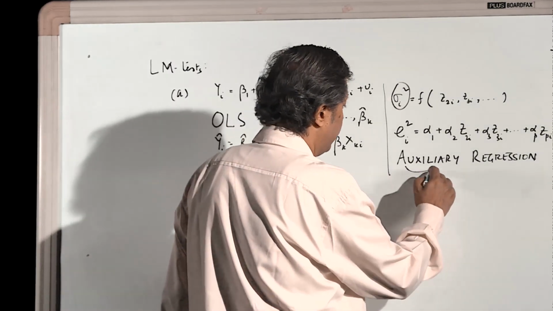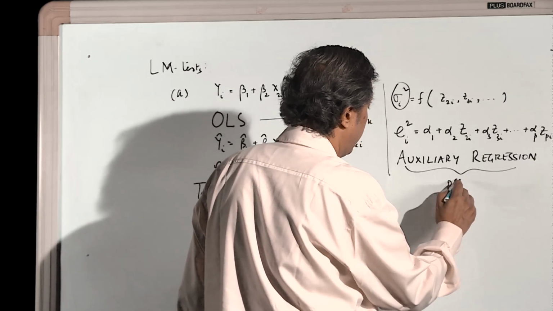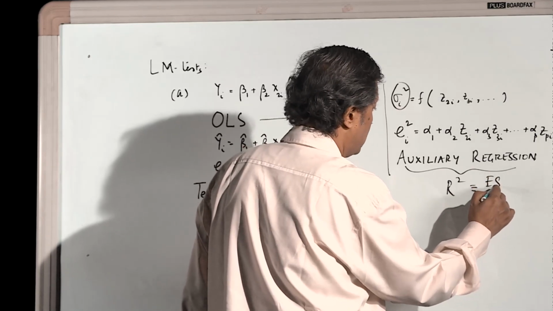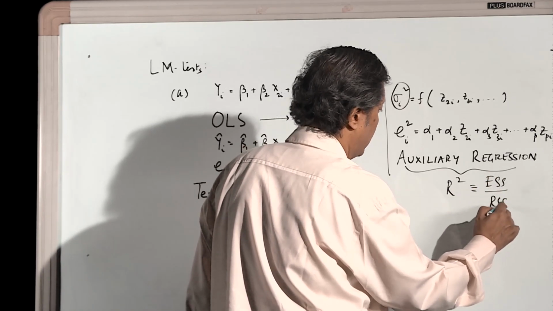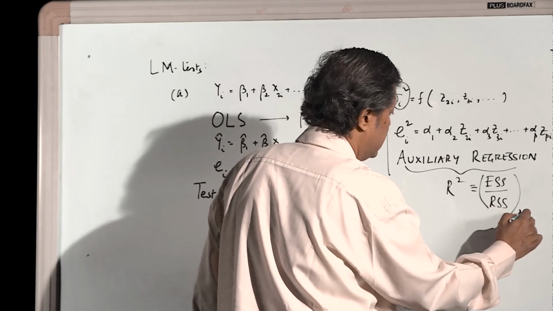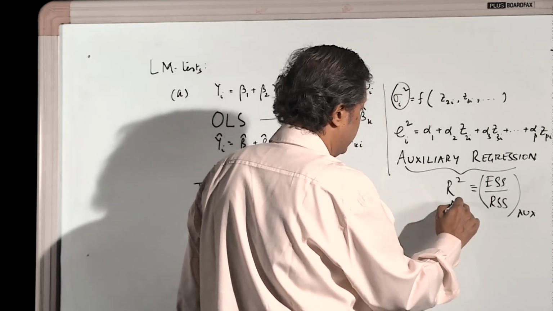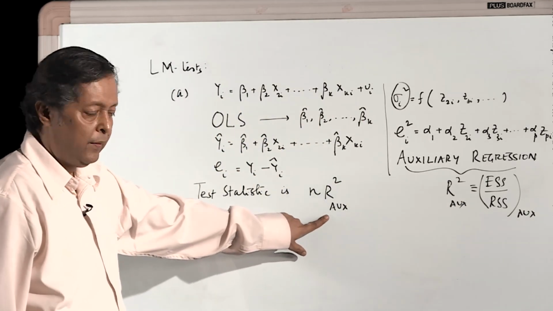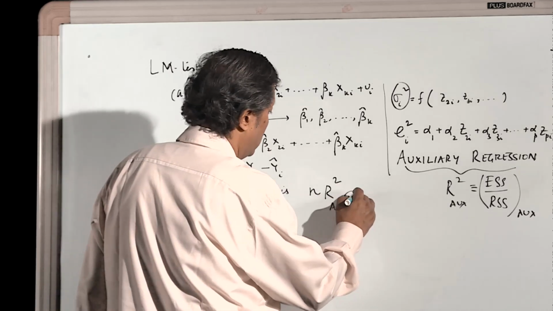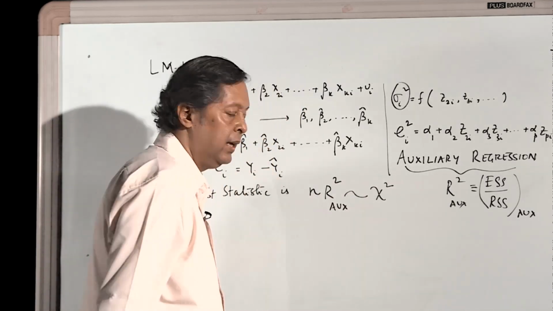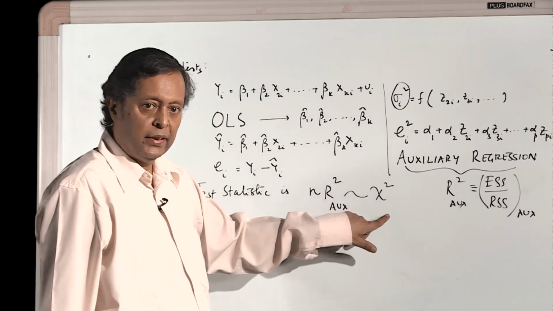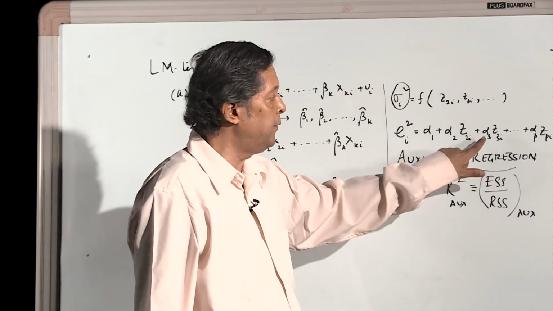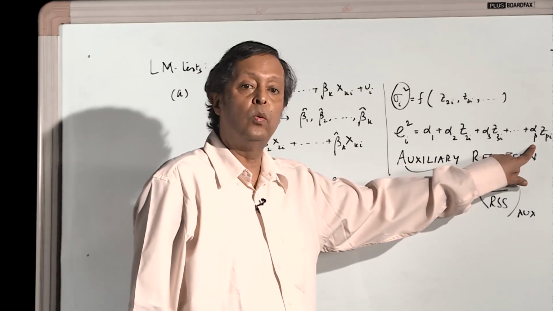So, from here we have to compute r square, that is defined as explained sum of squares by residual sum of squares of this auxiliary regression. So, n times this r square from the auxiliary regression follows a chi-square with... Now, when we look at the degrees of freedom, under the null hypothesis alpha 2, alpha 3 right up to alpha p should be equal to 0.